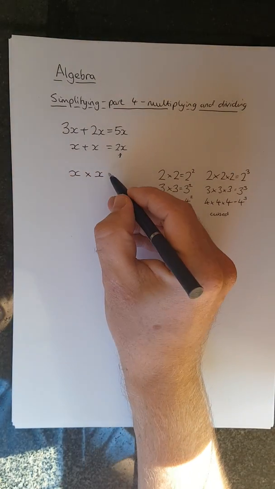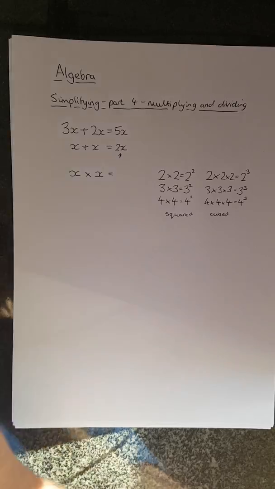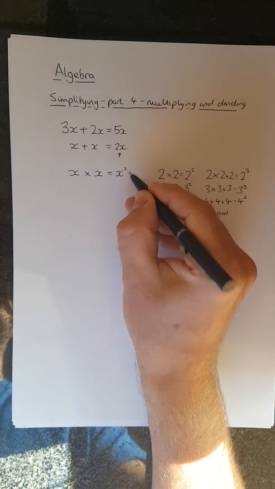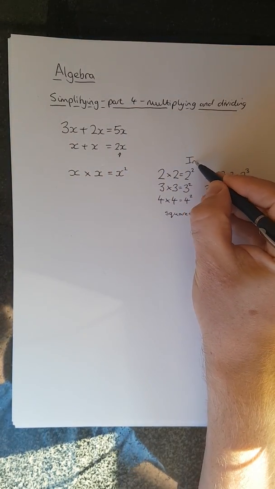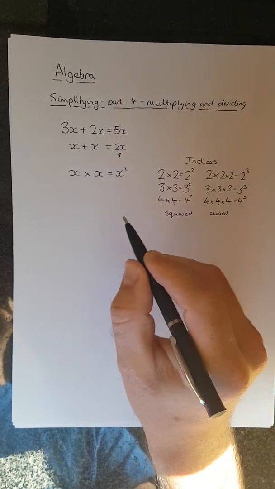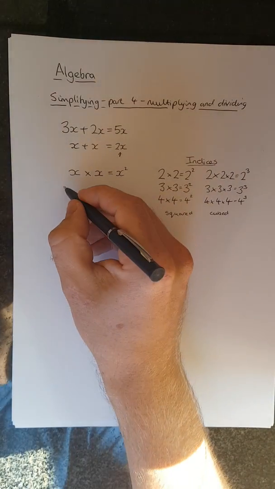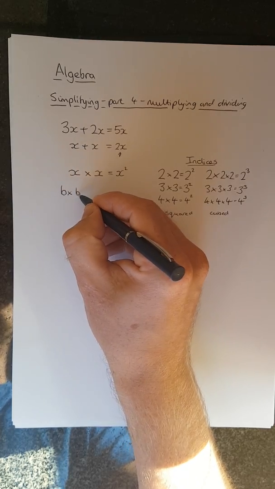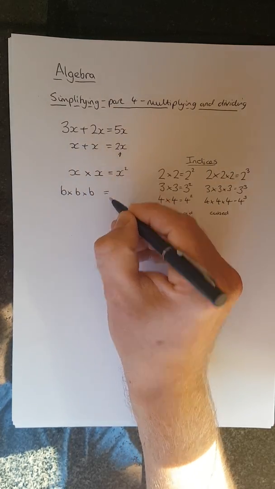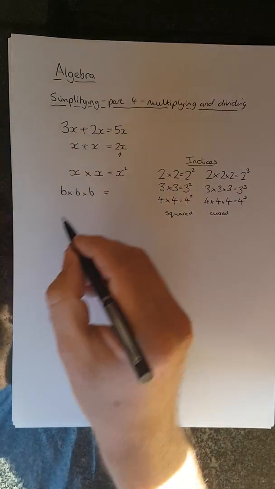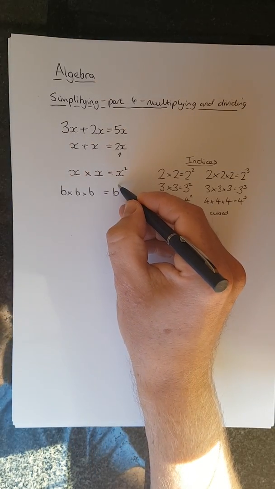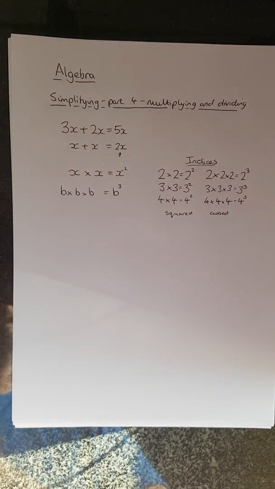So what would this be? This would be x squared using our rules for indices. So what would this be? Well, that would be b cubed.